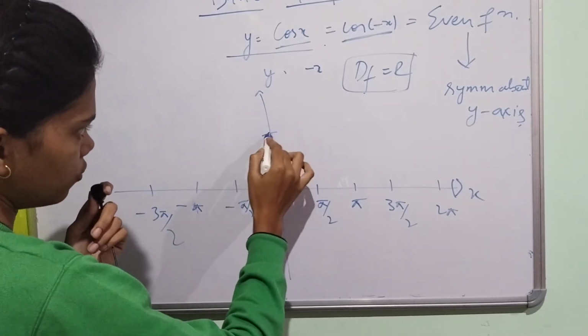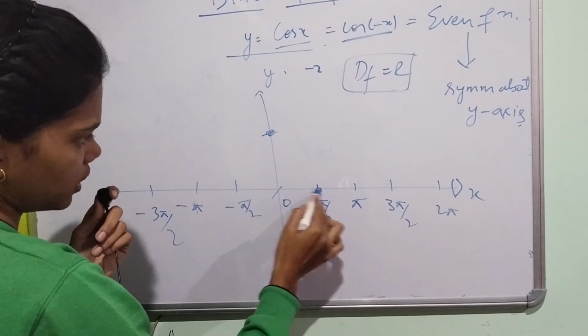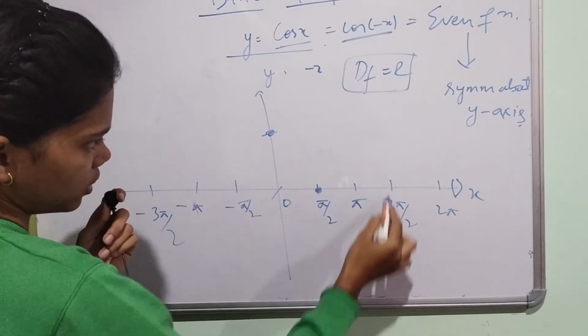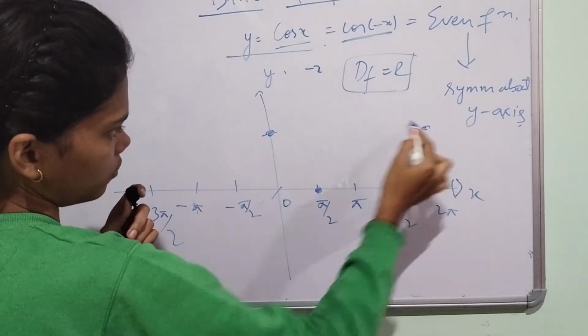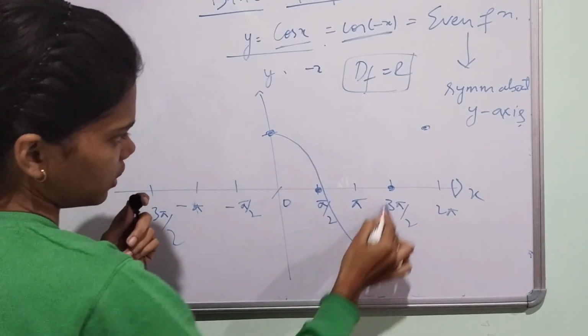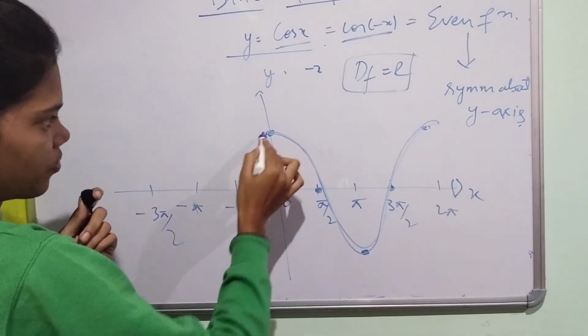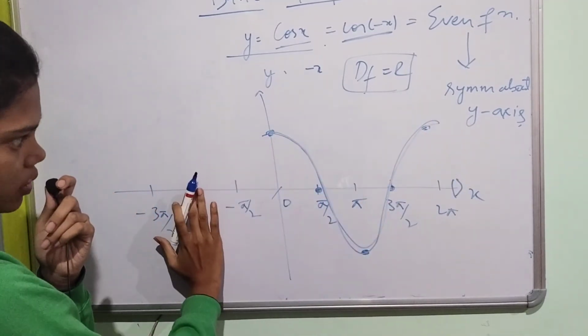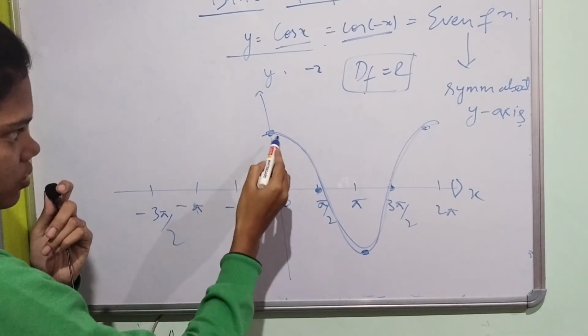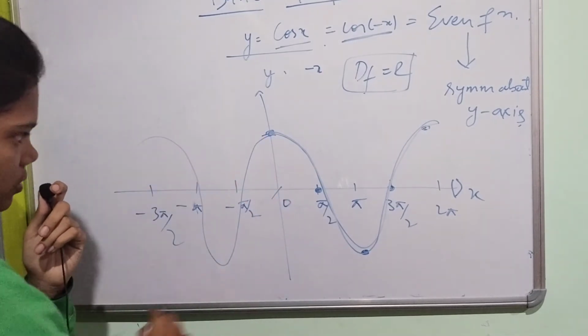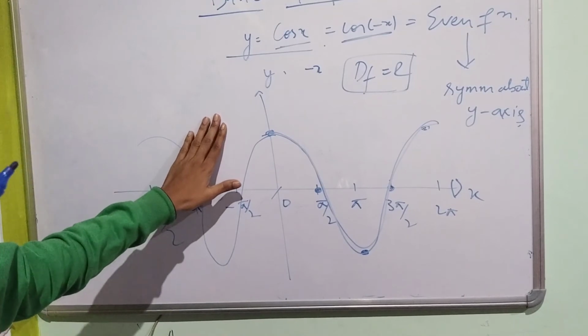At 0 we get value 1, at pi by 2 we get 0, at pi we get minus 1, then again 0, then at 2 pi again 1. So its graph seems something like this, and the same graph is repeated over here also, because it is symmetric about the y-axis. So this is the graph of cos x.